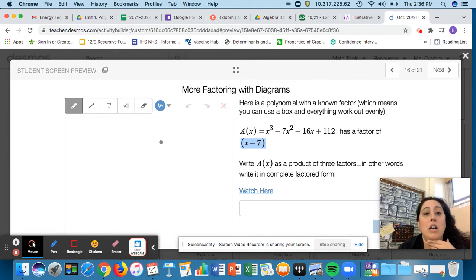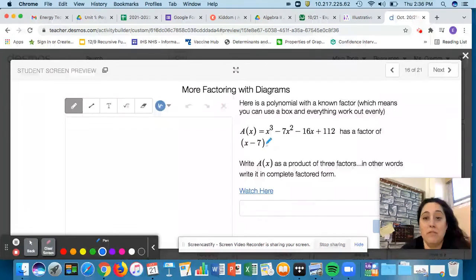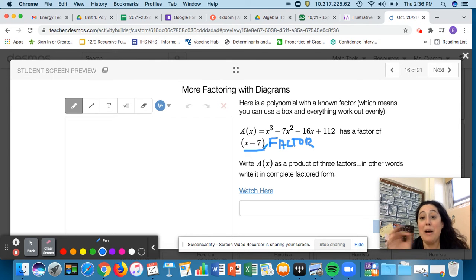So here we are going to start a box, but I'm not quite sure how many spaces go in that box, right? But what I do know is that I have one factor. So that means that this factor would go outside of the box, all right?